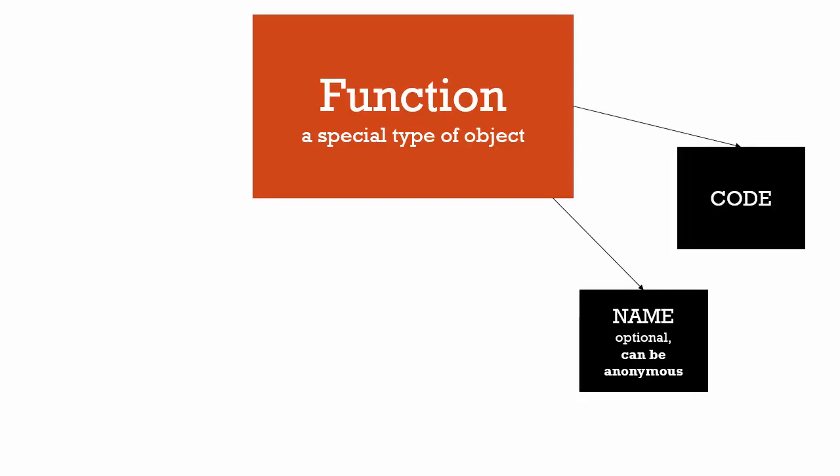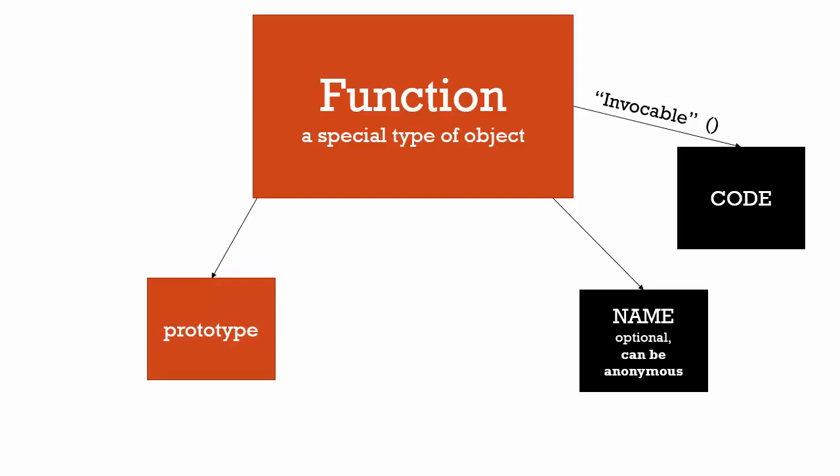We've learned that a function has a special code property that holds the code that gets executed when you invoke it. It's invocable. And all functions, every function in JavaScript you've ever written in your life has a prototype property that starts off its life as an empty object.